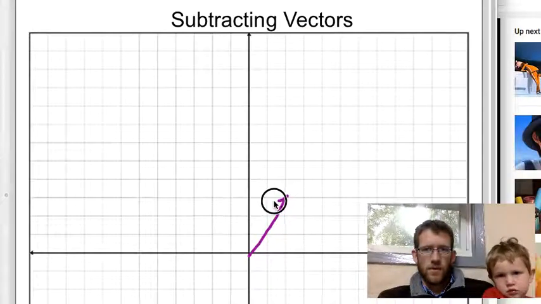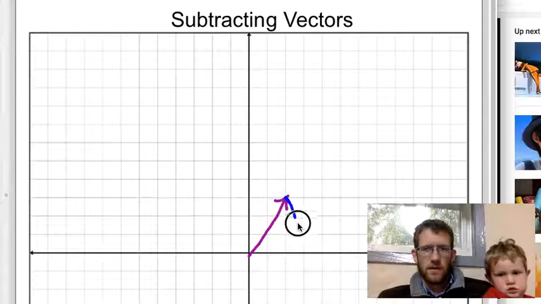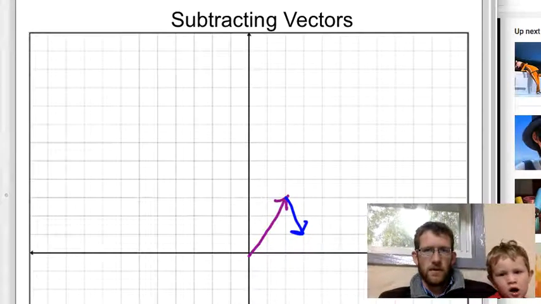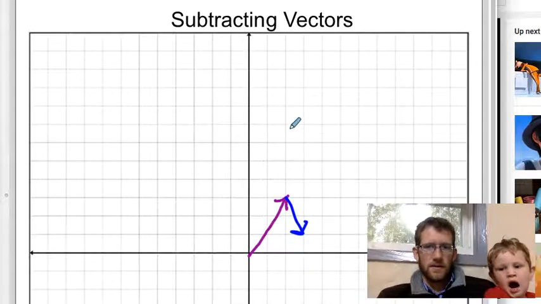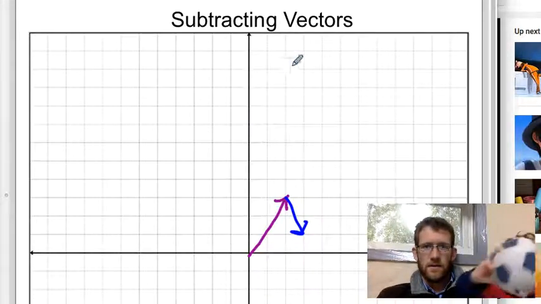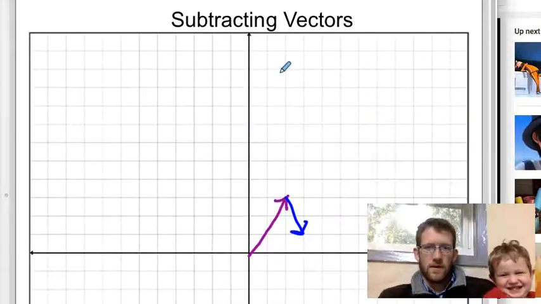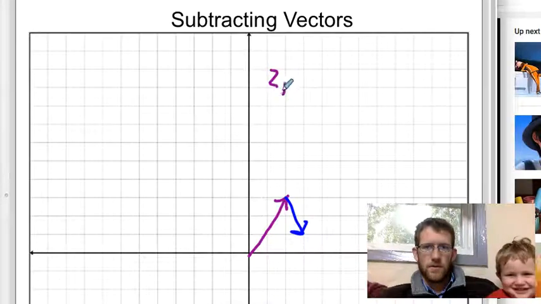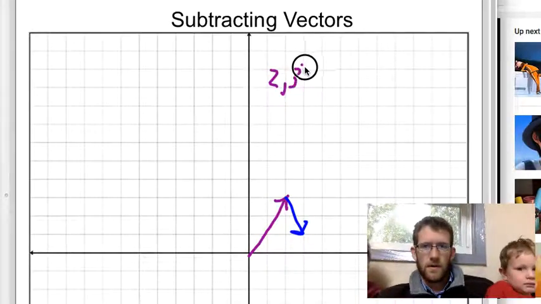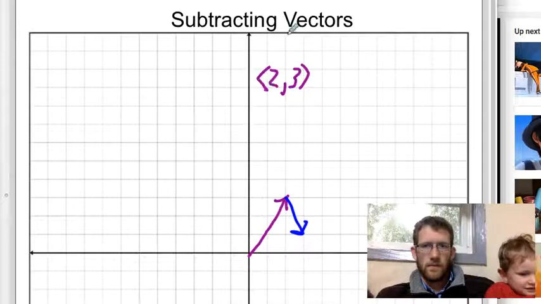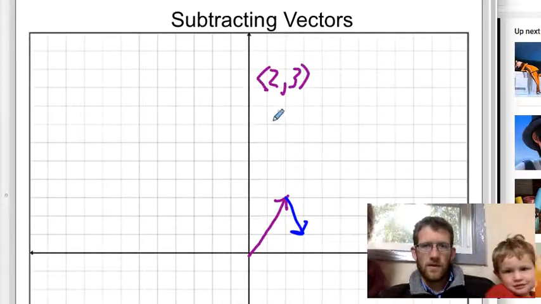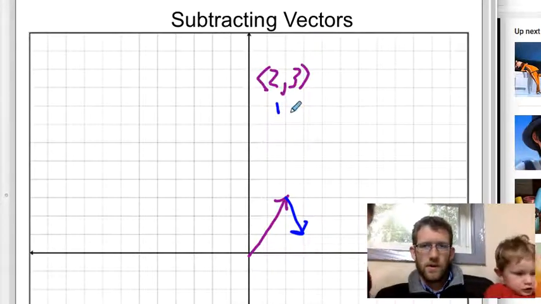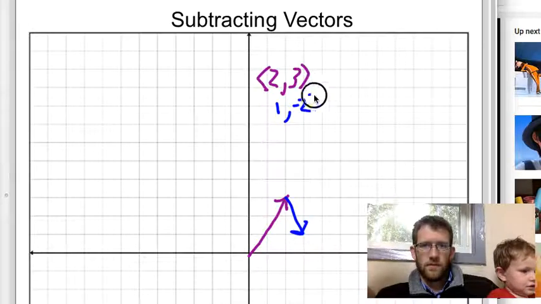So that's the purple one. And then the blue one we decided was over 1, down 2, like that. Cool. And again, we have our coordinates. In this case, the coordinate form of the first one we decided was 2, 3. The coordinate form of the second one is 1, -2.